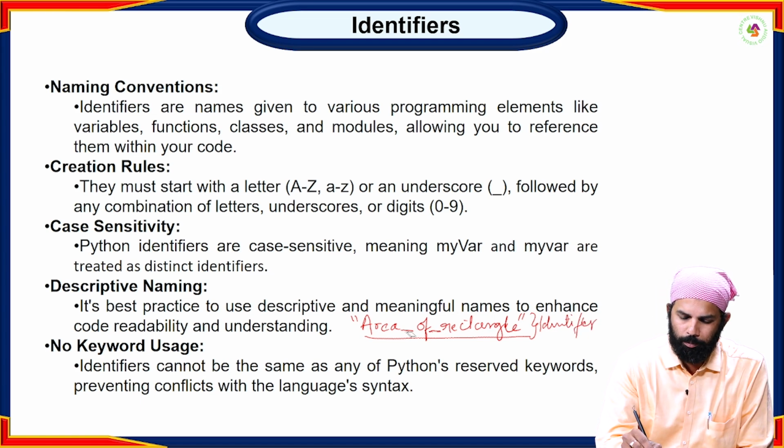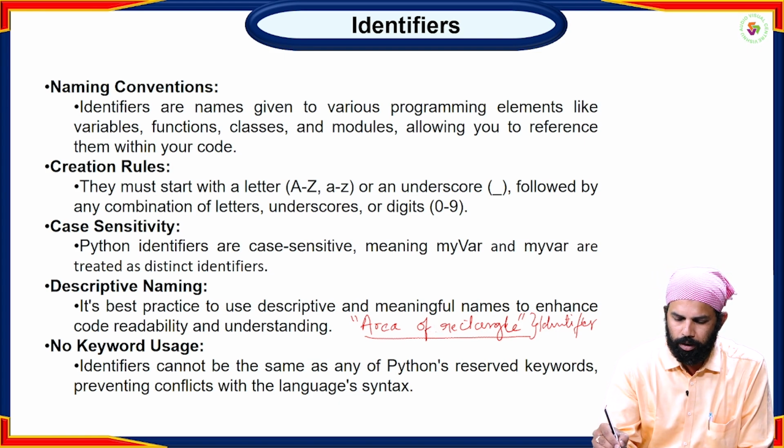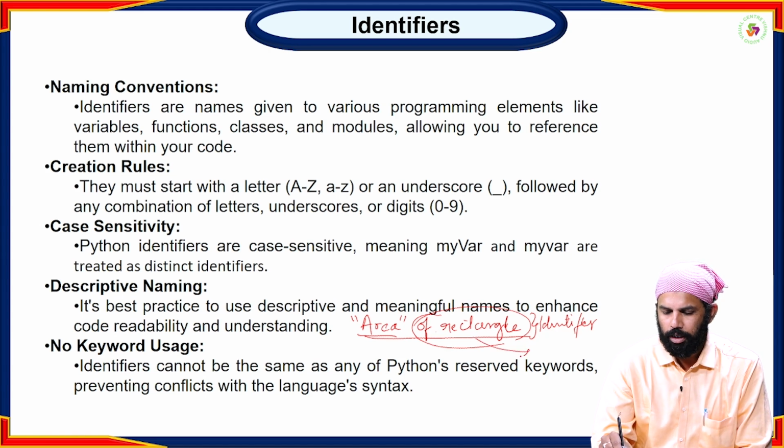Otherwise, what will happen if I do not give an underscore in between? The interpreter is going to nullify the of rectangle part and directly consider area as a variable name, and of rectangle is going to be considered a syntax error.